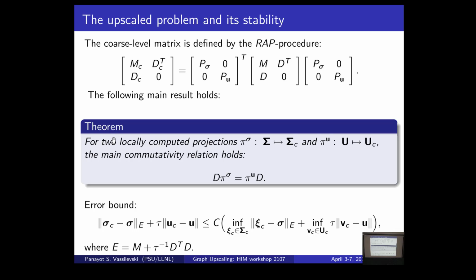So D transpose D is like the divergence bilinear form, and this is the L2 bilinear form, if you look at it from the finite element point of view. So you control this. So this ensures that if I solve this coarse problem with the restricted right-hand side onto the coarse space, instead of the fine one, I'll ensure that these two quantities are close.